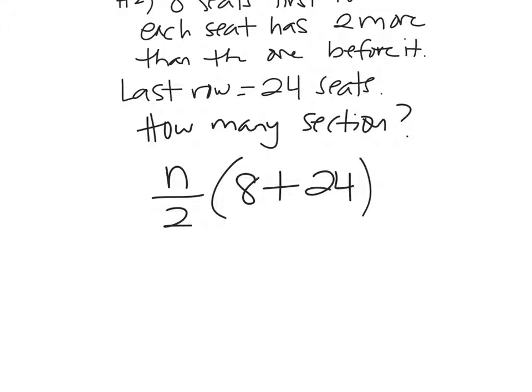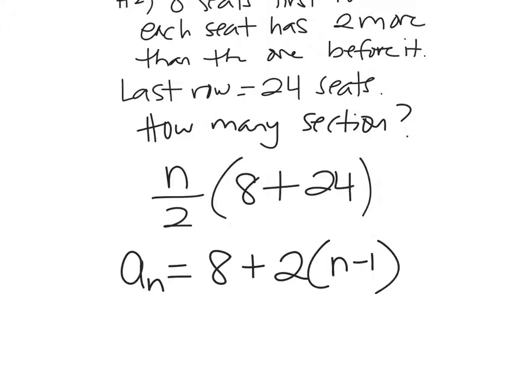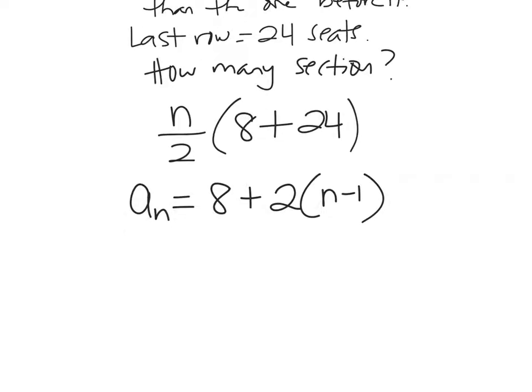All right, so how would we want to do this? Well, when you're going to do these problems, you're going to use the explicit formula. So the explicit formula for this would be a sub n equals a sub 1, which is 8, plus the common difference, which is 2, times n minus 1. So there's the formula. Now, if I want to find out how many rows there are, and the last row has 24, then I need to find out what n is, and I can plug 24 in for a sub n.